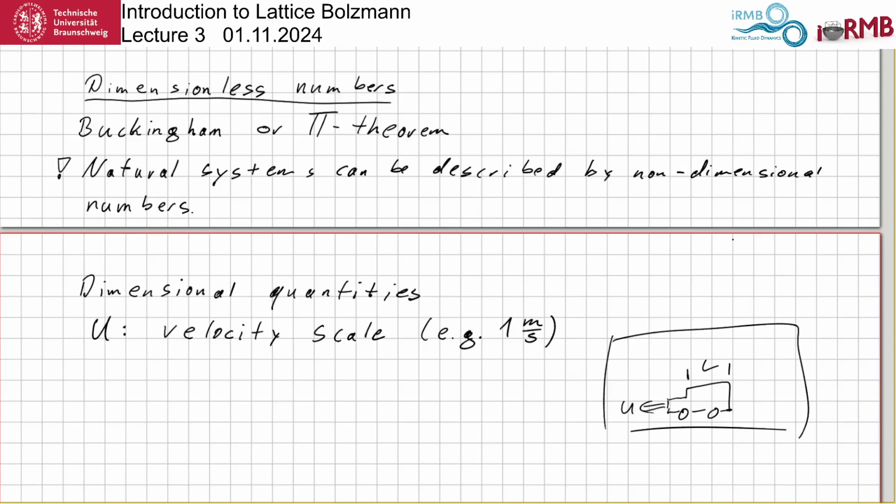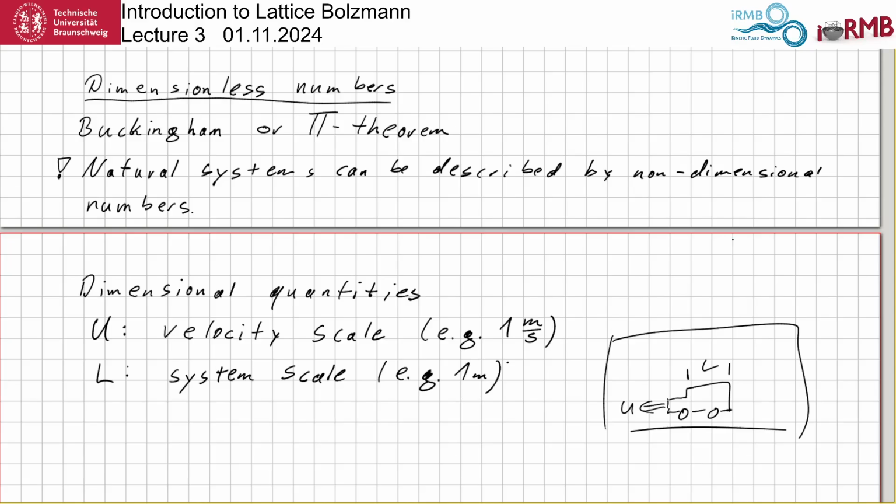For example, the car does not necessarily need to move with 1 meter per second, it's just that we compare to a scale of 1 meter per second, and then there is a natural length of the system, for example 1 meter.